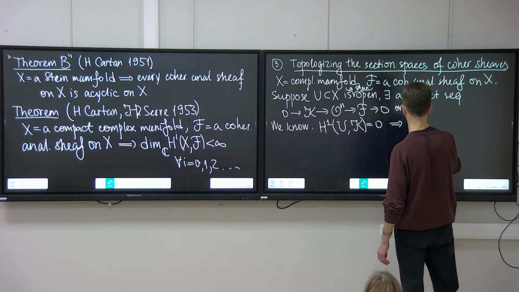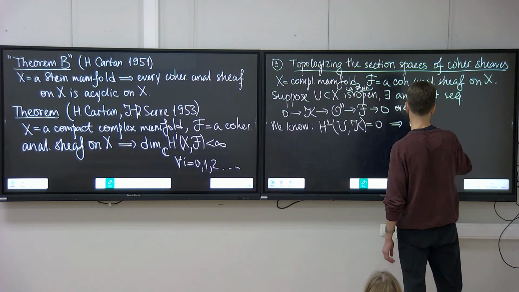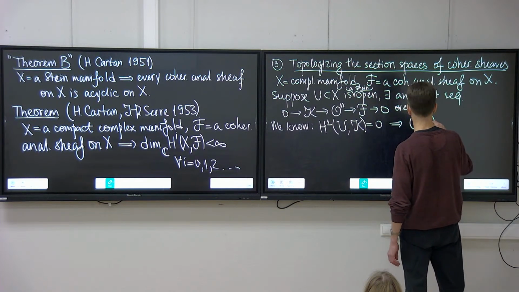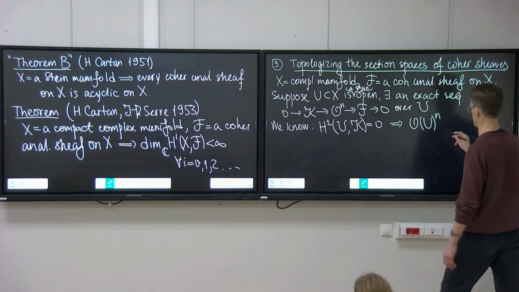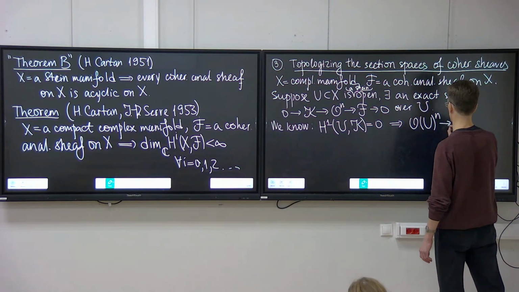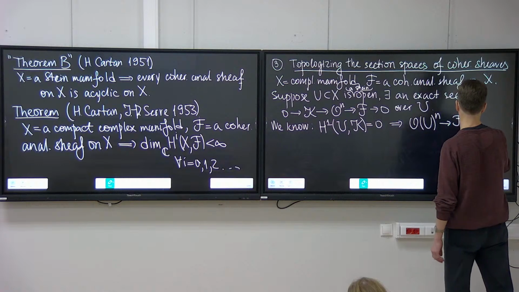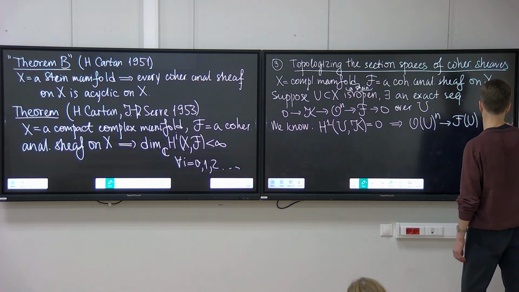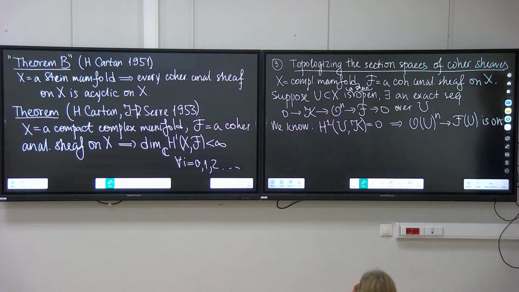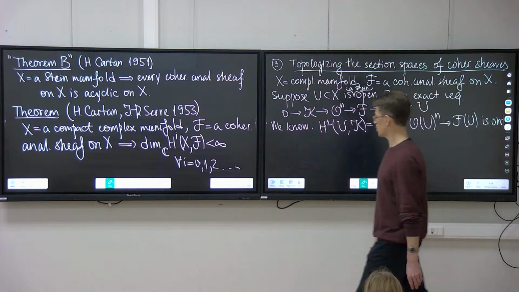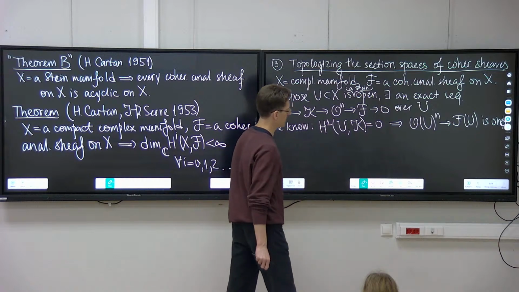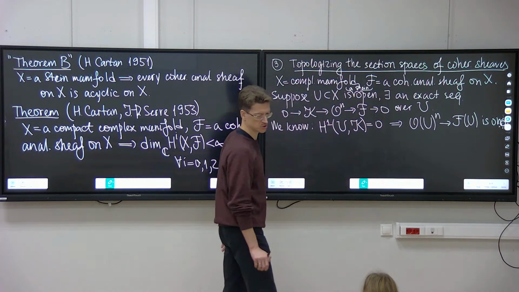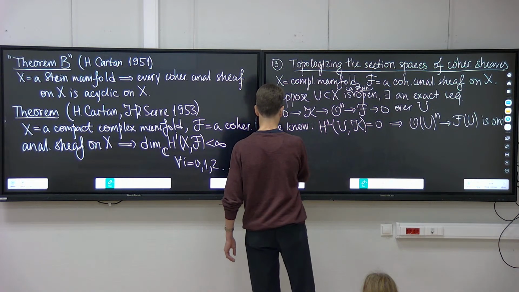In particular, we see that we have a surjective map from O of U to the power n to F of U. This is onto. So we may equip F of U with the quotient topology.